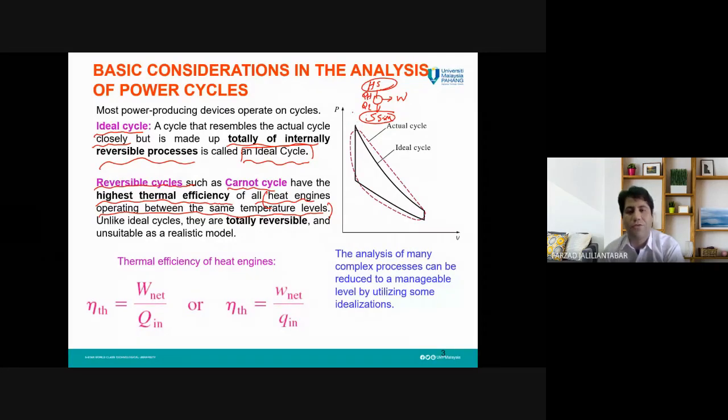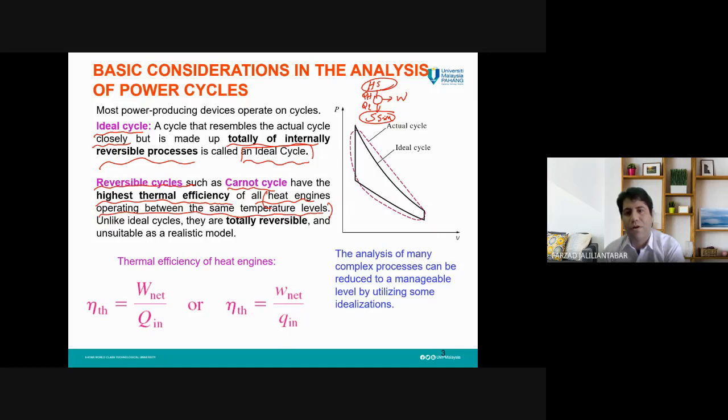And we had also the cycle for this, and you may know from thermodynamics that we can have a real cycle for this device, and also we can have a cycle which has the maximum possible efficiency.